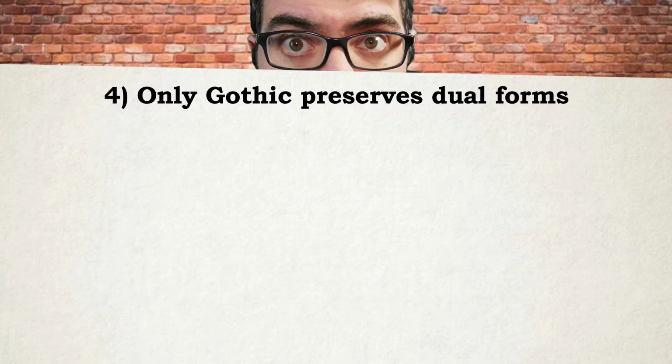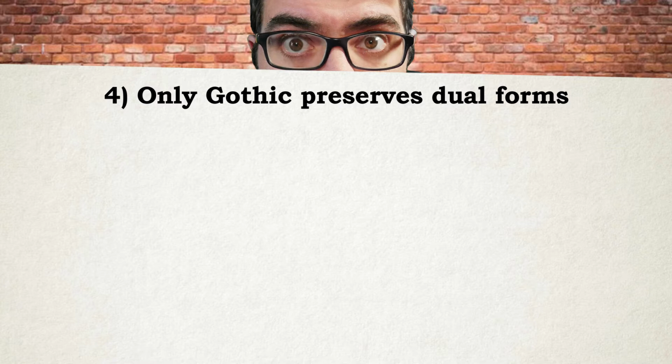One more thing we still have in Gothic, and we almost completely lost in all other languages, is the presence of dual. In Gothic we have, for all verbs, a different form between first plural person and first dual person, and also between second plural person and second dual person.